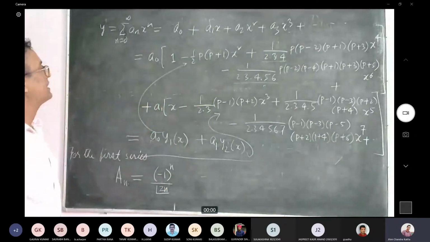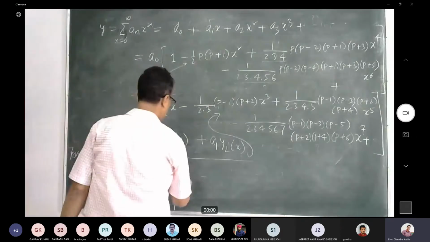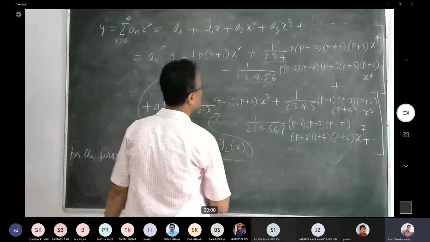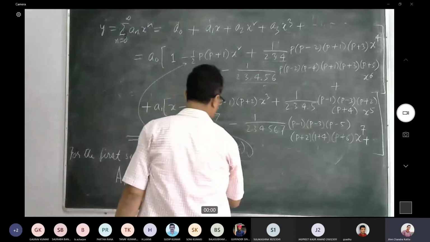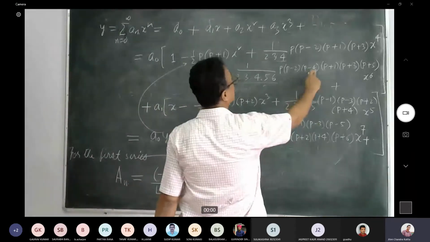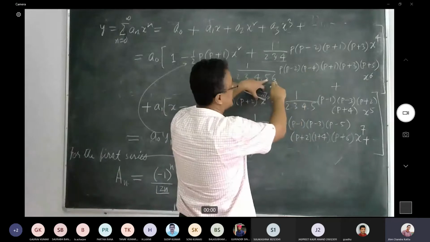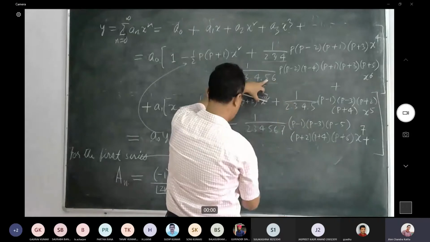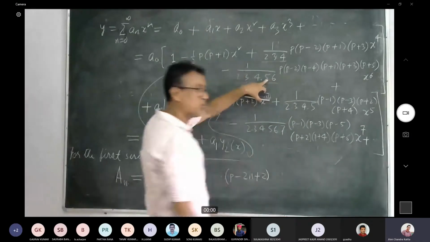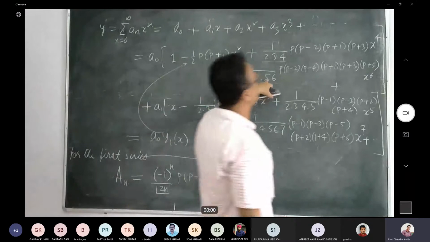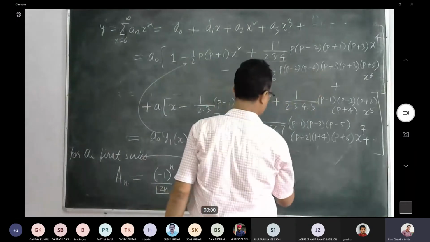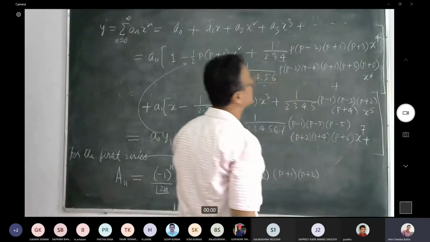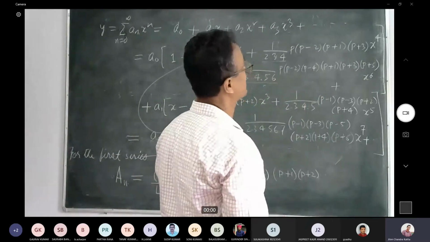Fine. And then I have p into p minus 2, and it is finishing at p minus 4, whereas this was 6, which is 2 into 3 here. So 2n plus 2. Is it okay? And then here it is p plus 1, p plus 2, and up to p plus 5 say.